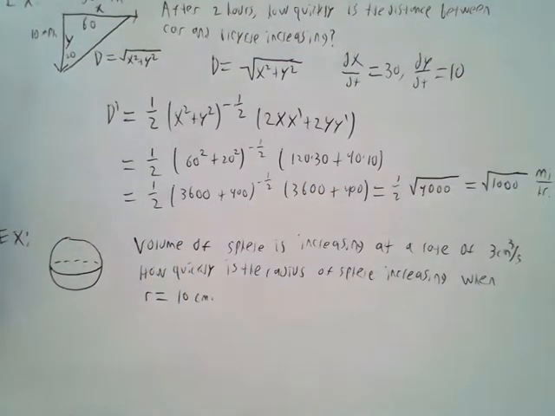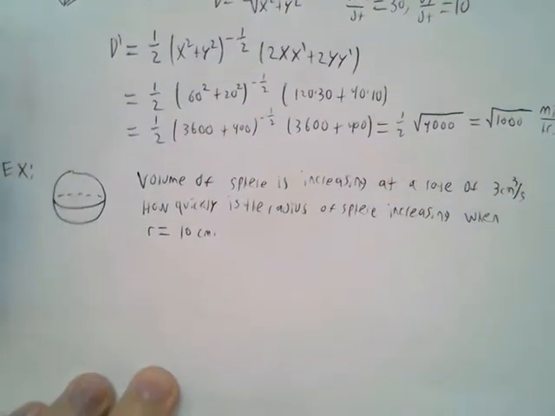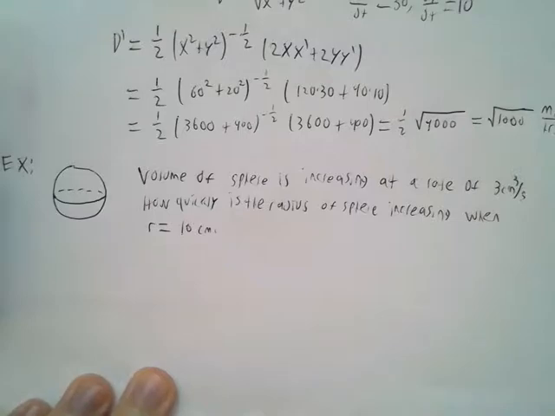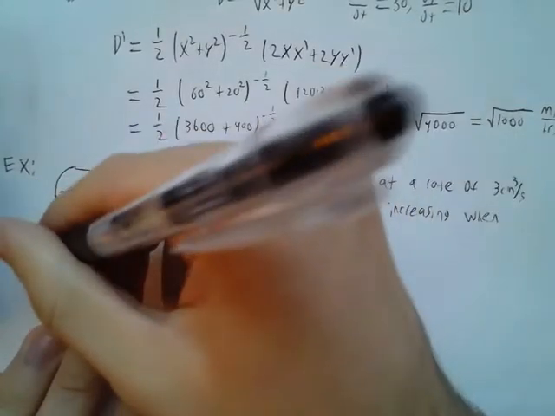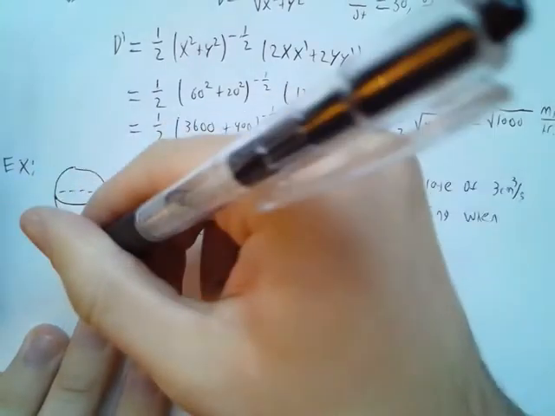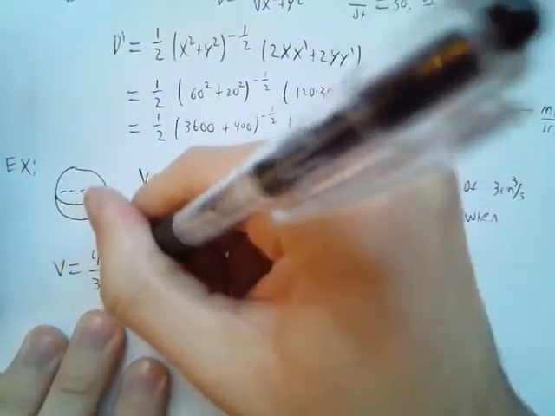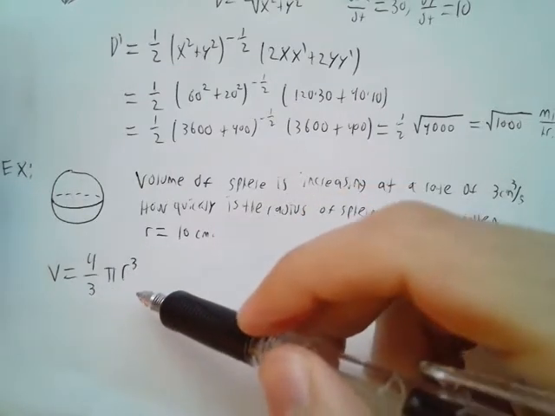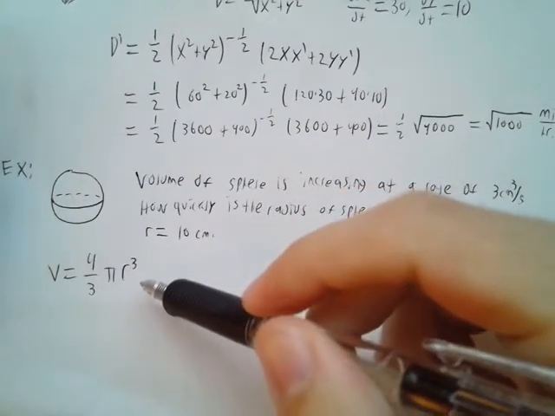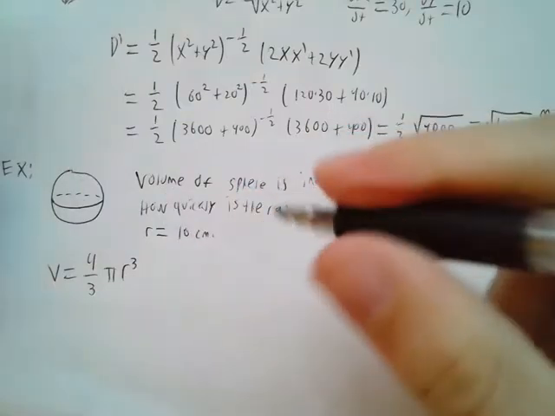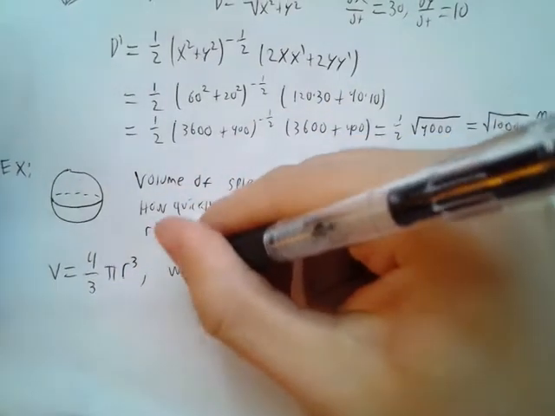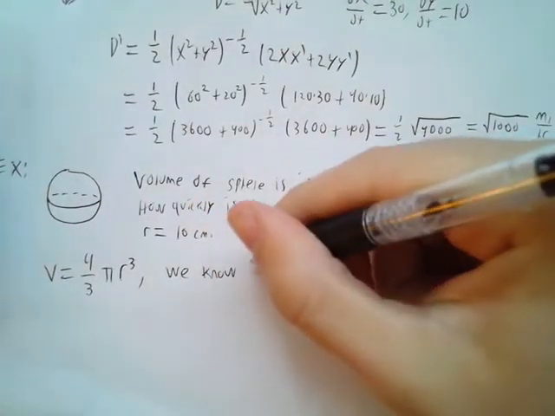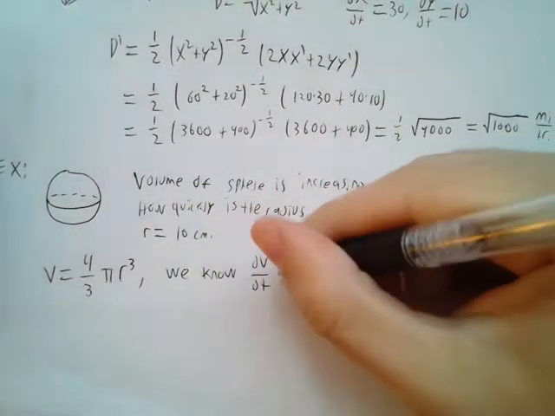Okay, so we have first to write down a formula for V. So V is equal to 4/3 pi r cubed. So this is something on an exam I would probably just give to you. You're not expected to memorize the volume of a sphere. I don't think that serves much point. But what is important is that we know that dV/dt is equal to 3 because we're given that in the problem.